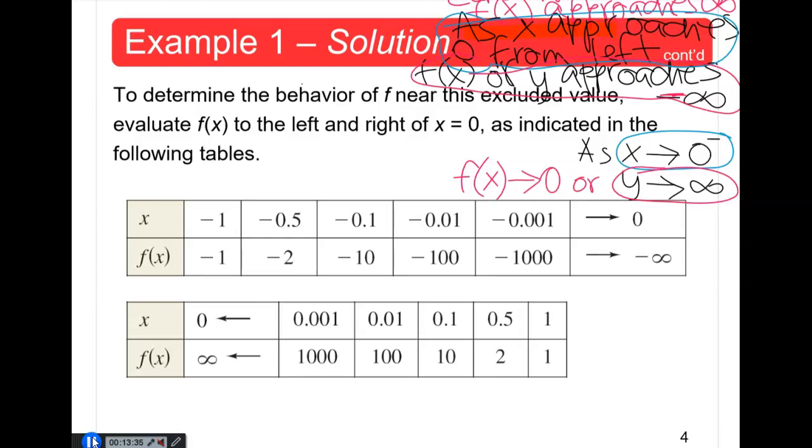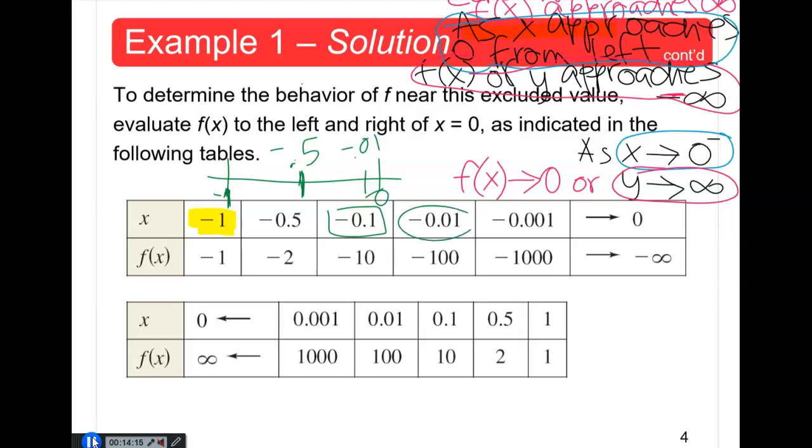All right, now as you can see here with the y values, the x values, so we have -1. So imagine you have your number line, here's -1, and then 0 is over here. So -0.5 will be here, which is closer to 0, and then -0.1 is even closer to 0.